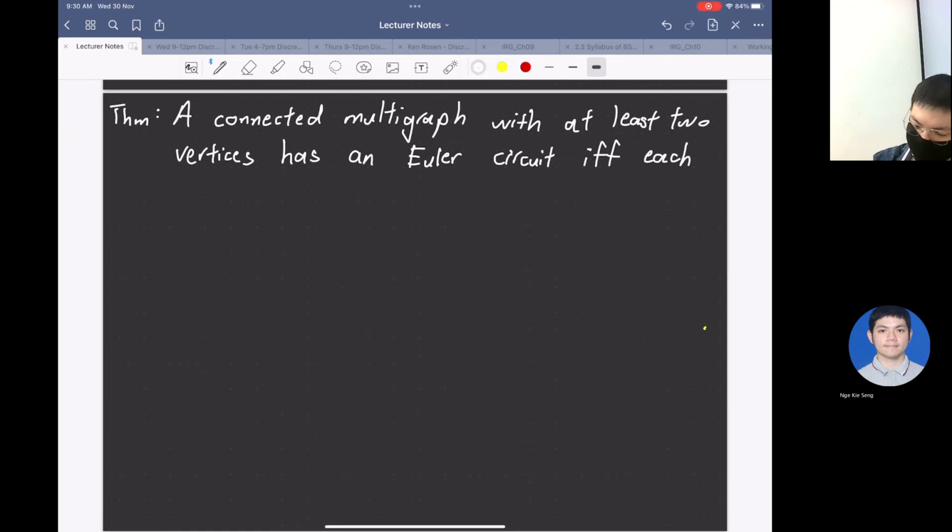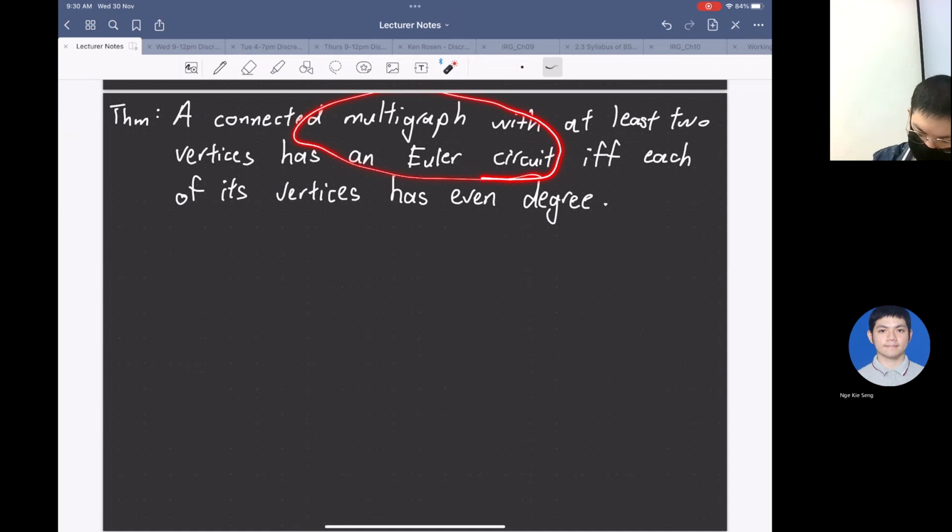So a connected multigraph has an Euler circuit if and only if each of its vertices has even degree. Okay. So there are 2 directions. If your multigraph has an Euler circuit, then your vertices have even degree.